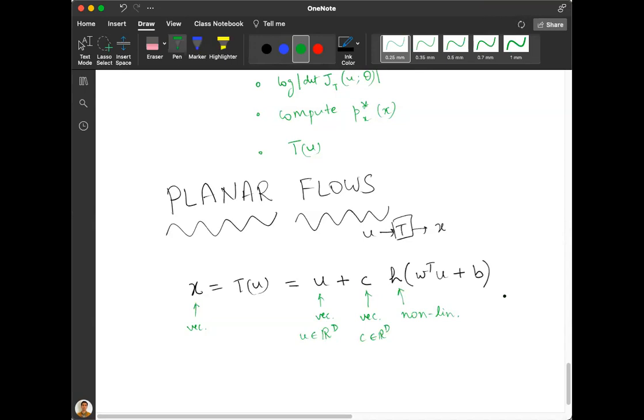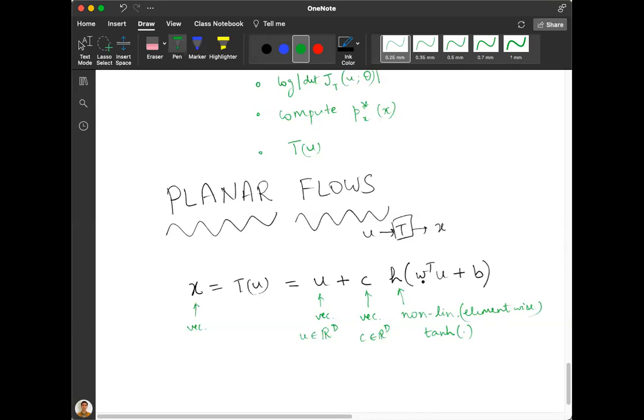H is a nonlinear function, and it can be sigmoid or tanh. Tanh is a popular choice; you are all familiar with this. It could be sigmoid also.